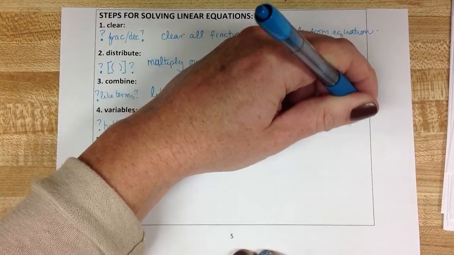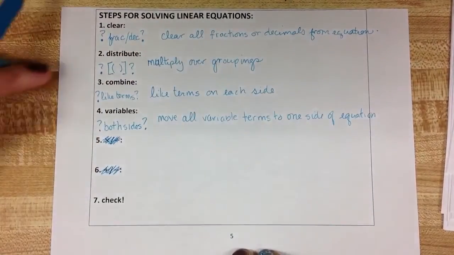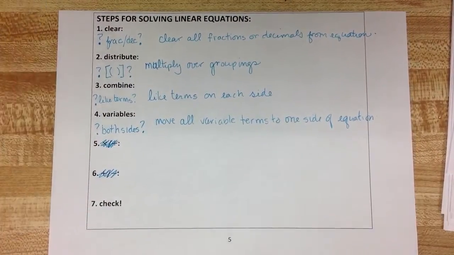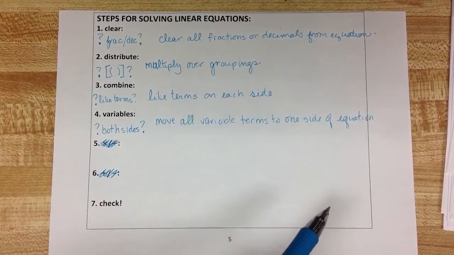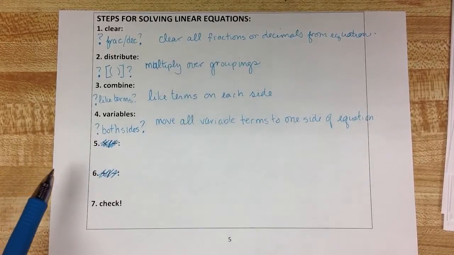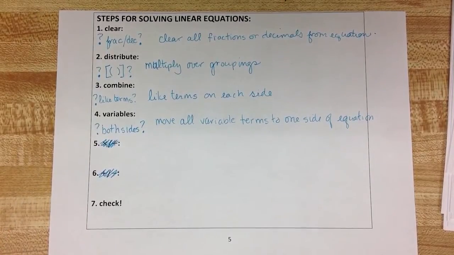And we'll be doing lots and lots of examples of that so that you can see how you actually get the variable terms to move from one expression on one side of the equation over to the other expression on the other side of the equation.